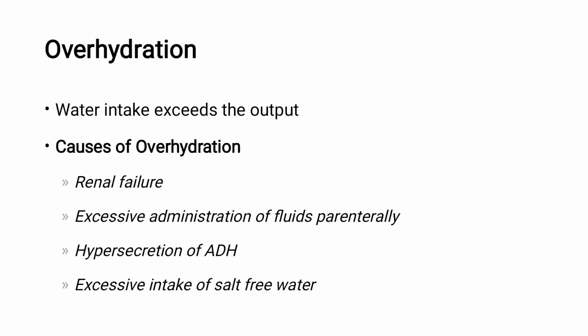Now coming to overhydration, it is excessive water in the body. It may be because of increased water intake or decreased water output. The common causes of overhydration are renal failure, where the kidney fails to excrete the water content in the body. It can be because of excessive administration of fluids parenterally. Parenterally means intravenous route.